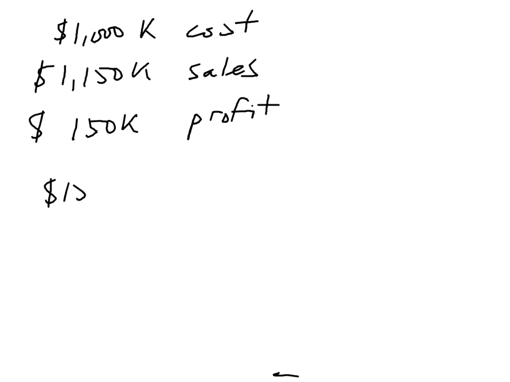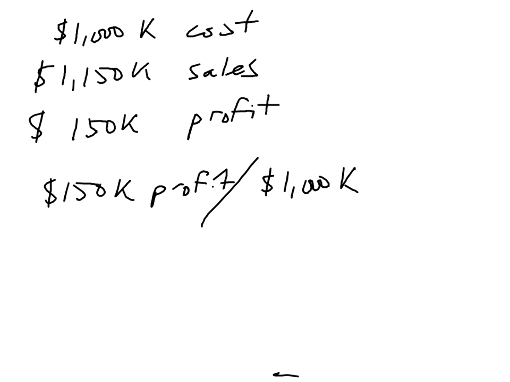All right, and then so if you have 150 profit, and you divide that by your cost, because remember you can calculate margin two different ways, and they give you two different answers, so you have to be careful. But in this case, they're telling us to use cost, and the cost was 1,000, and then that gives you a profit margin of 15%. All right. So answer to A1 for chairs is 15%.